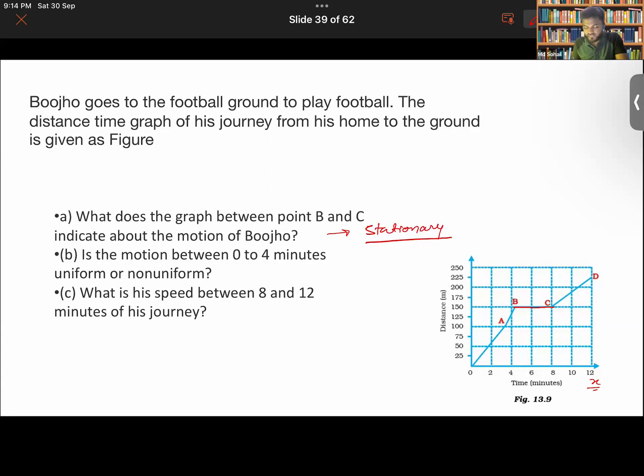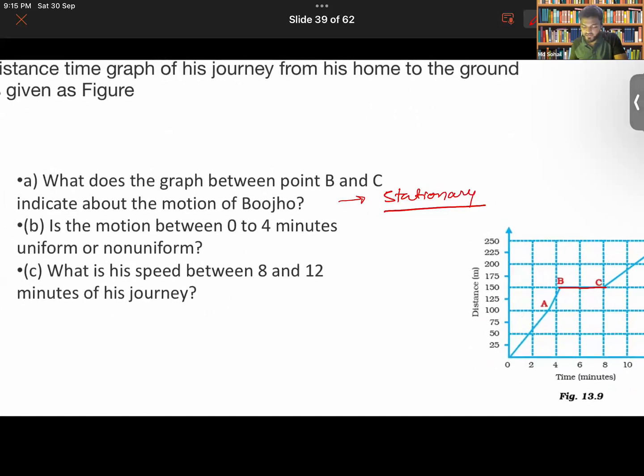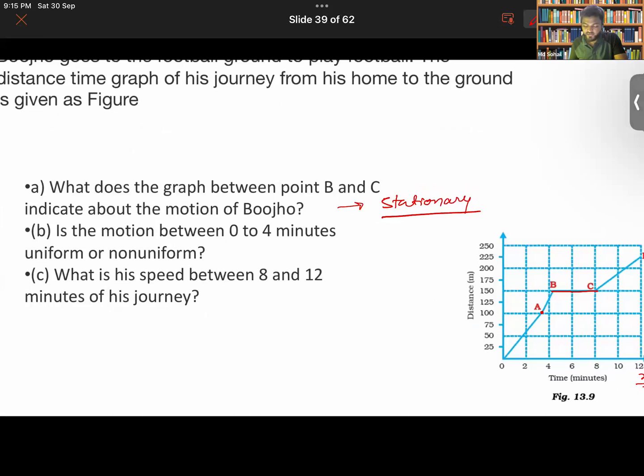Next question is to Sundus. Read the question. Is the motion between 0 to 4 minutes uniform or non-uniform motion? I think it's non-uniform motion. Good. Why? Because if you look at this point here, the line has broken and moved slightly in this direction.